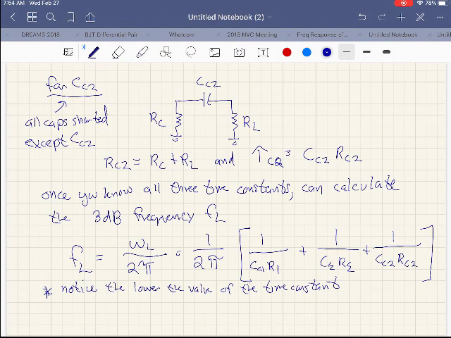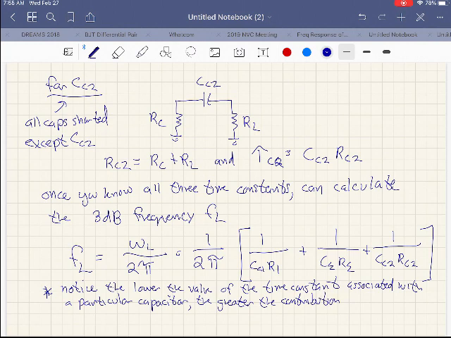The lower the value of the time constant associated with a particular cap, the greater the contribution to FL.